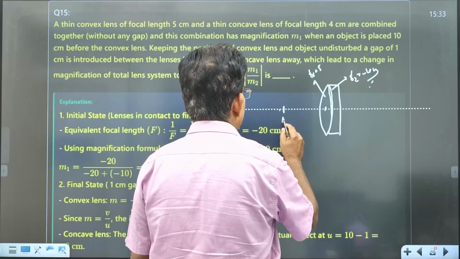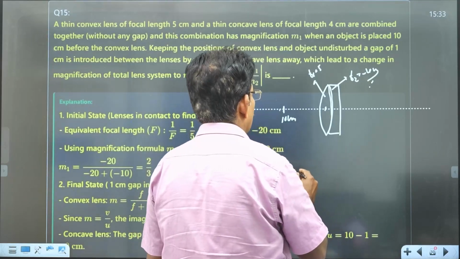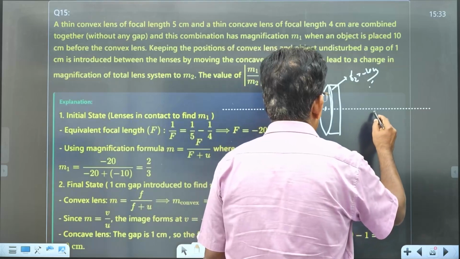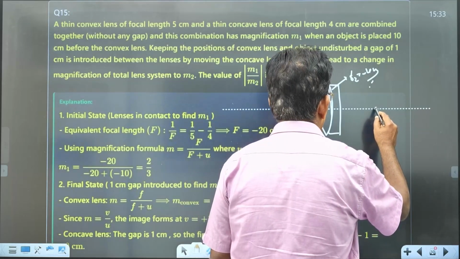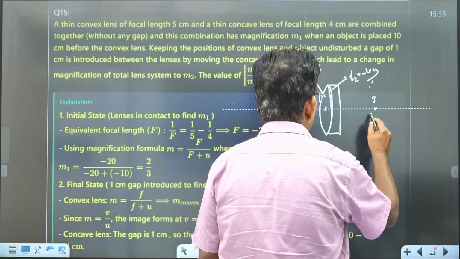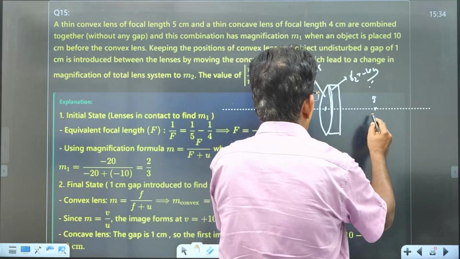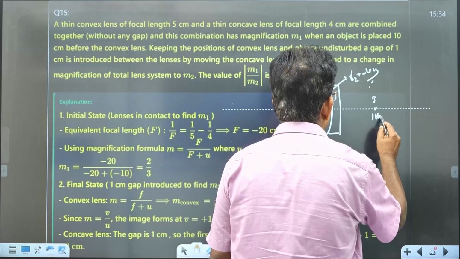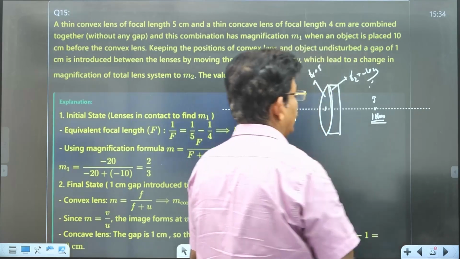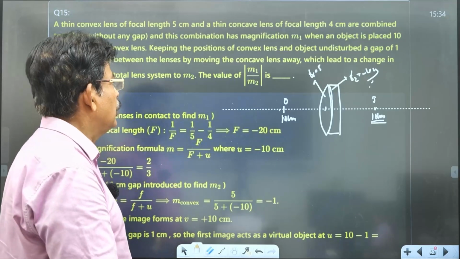We are keeping the object at 10 centimeter, so the image will be formed at, this is the object, 10 centimeter means 2f. The image will be formed at 2f on the other side, 10 centimeter. Okay, we got it, isn't it?